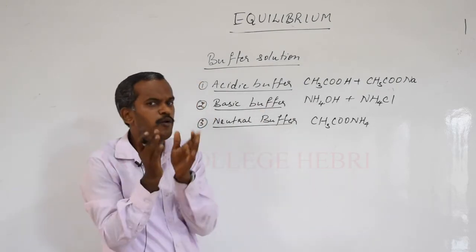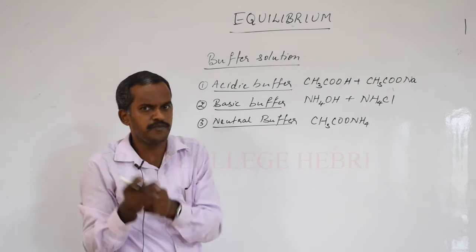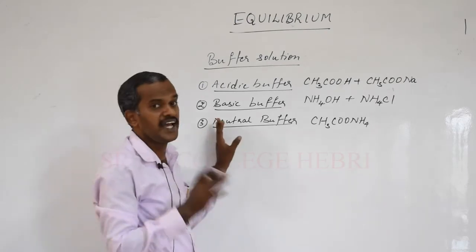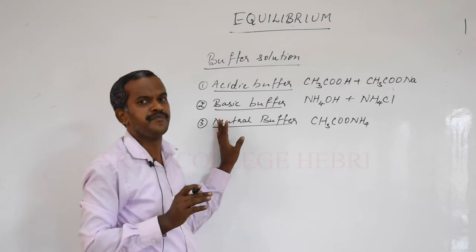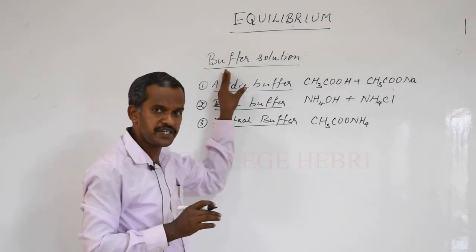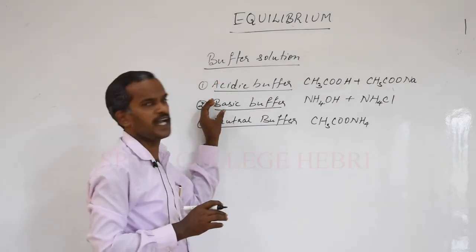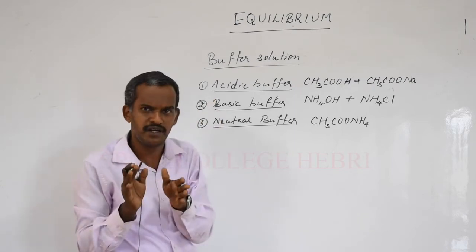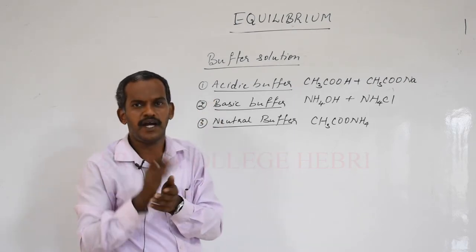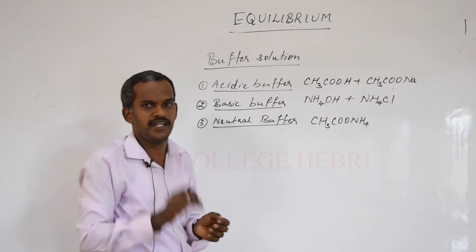Now one more small aspect, which is excluded from the syllabus for this year, is the Henderson-Hasselbalch equation for the pH calculation in the acidic buffer and pOH calculation in the basic buffer. I'll just mention the expression; the derivation is not in the syllabus this year.